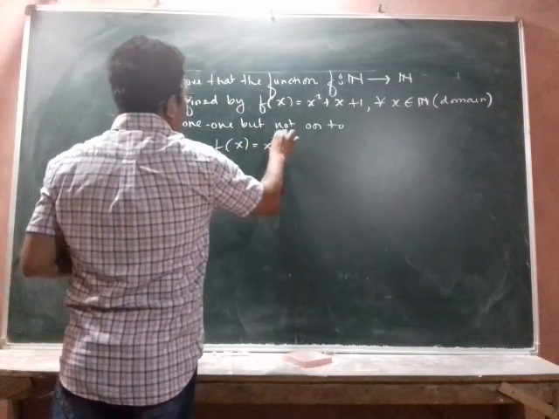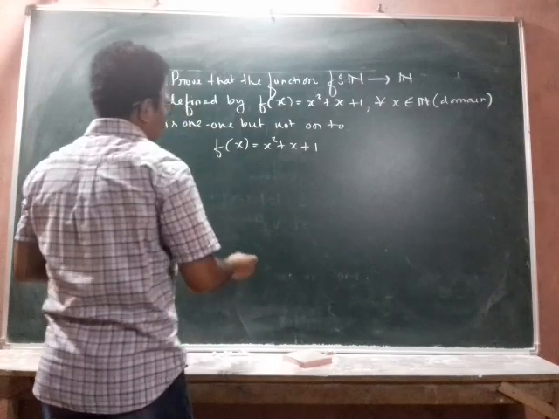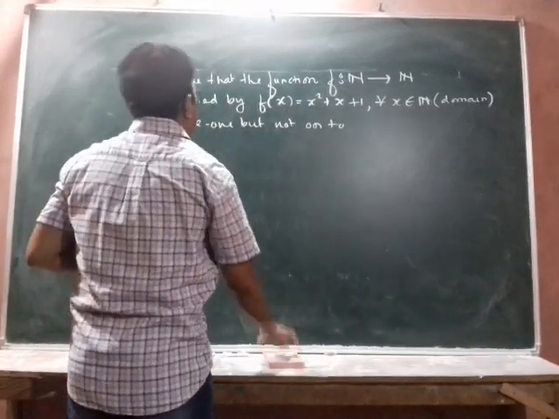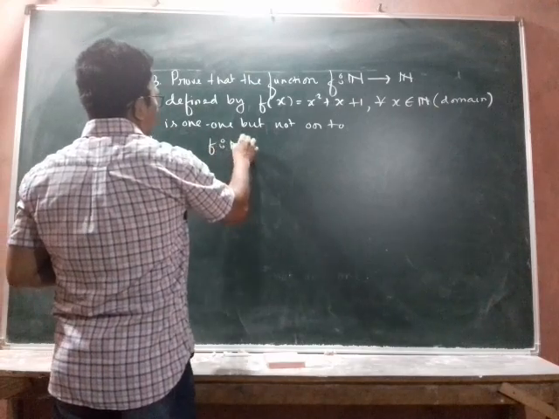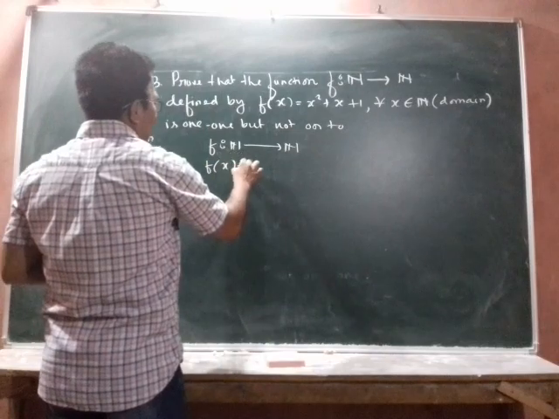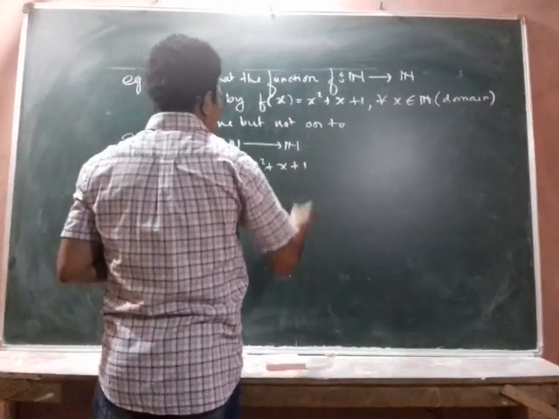f(x) equal to x square plus x plus 1. Sorry, I have to write the function first. f is a function from natural number to natural number, and it is defined by f(x) equal to x square plus x plus 1.